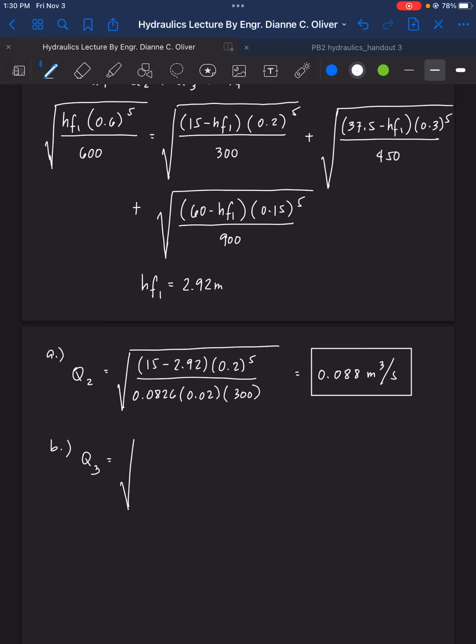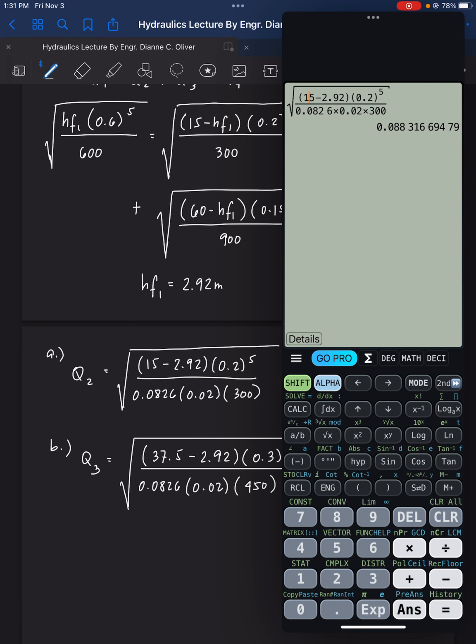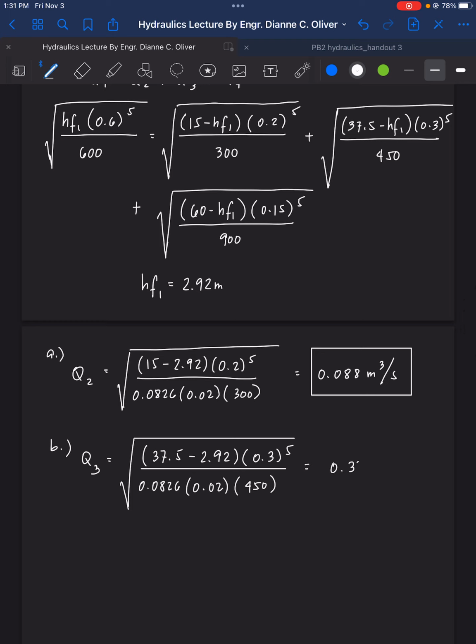That is equal to the square root of (37.5 minus 2.92 times 0.3 raised to 5) all over (0.0826 times 0.02 times 450). So Q3 is 0.336 cubic meter per second.